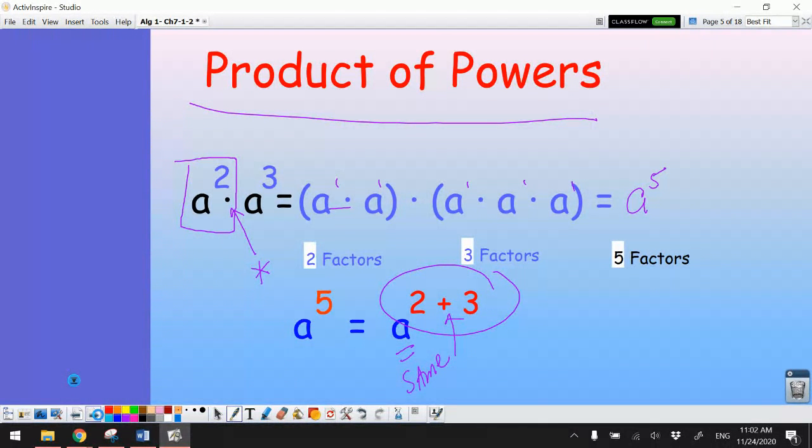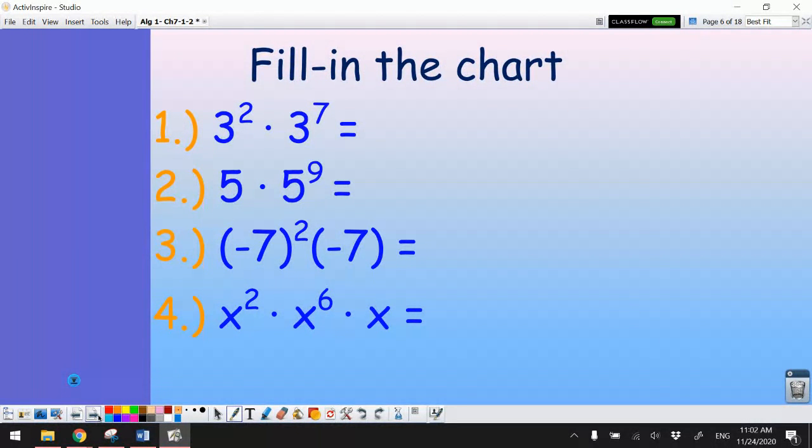So the base is the same. Let's think about what we have. We have 2 3's, and then we have 7 3's. 1, 2, 3, 4, 5, 6, 7. So how many 3's do I have altogether? It's 9.